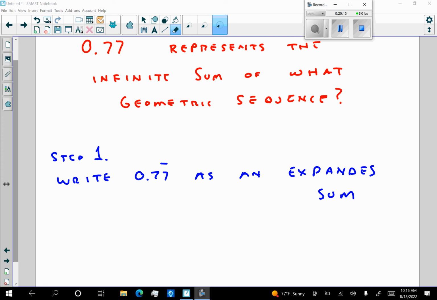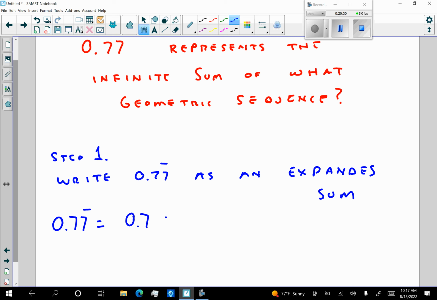Here we go. If I want to write this as an expanded sum, here I go. True or false? Isn't 0.77 repeating equal to 0.7 plus 0.07 plus 0.007 plus and so on?